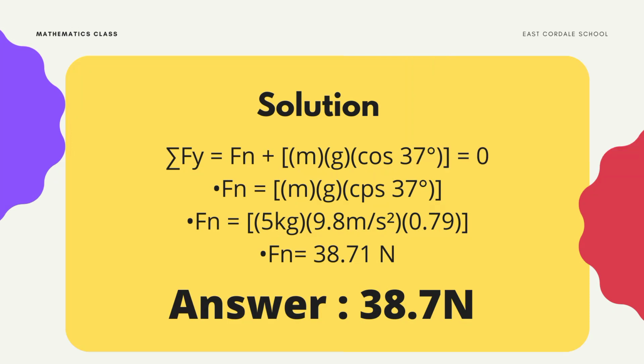Solution: the summation of the force in the y component is equal to normal force minus mass multiplied by gravity multiplied by cosine 37 is equal to 0. You will use cosine because it is an inclined plane.